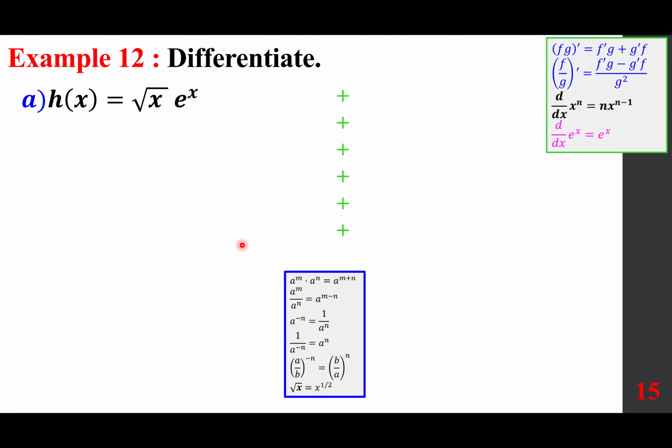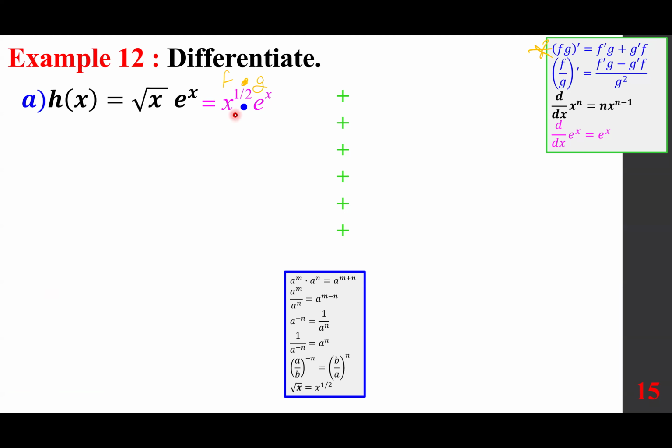To differentiate this, we are going to again change the square root of x to x to the power of 1/2, and we put a raised dot in between, meaning we are using the product rule. So I'm going to call this f times g, the product rule.